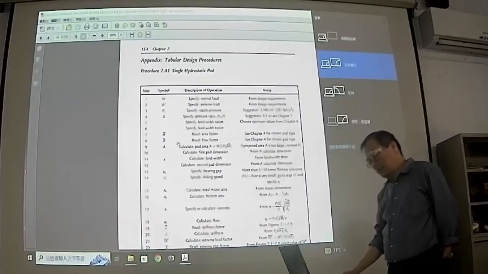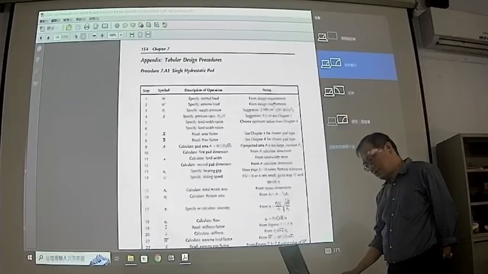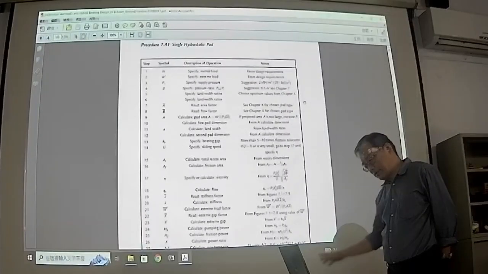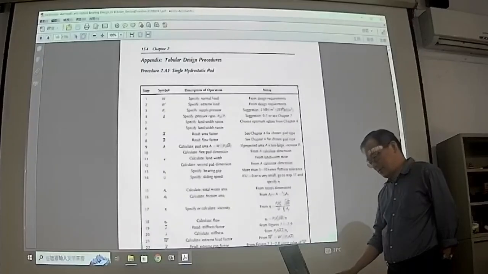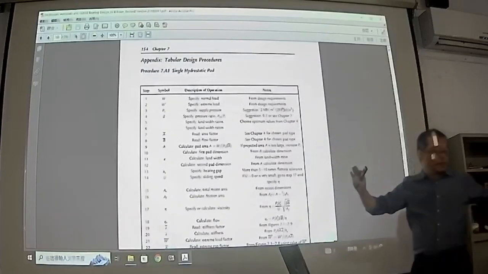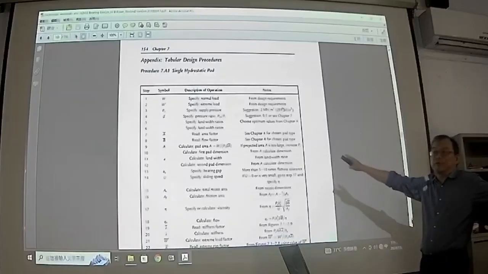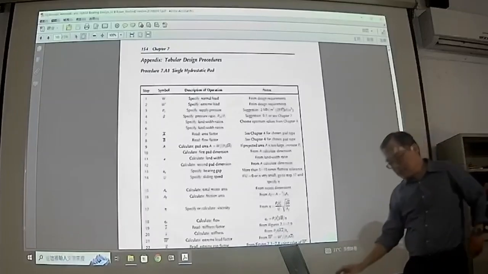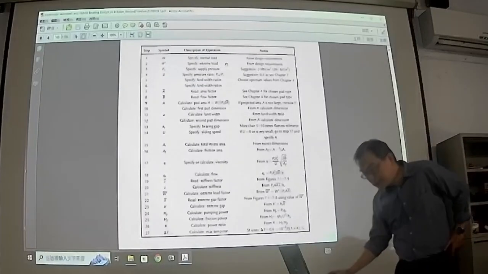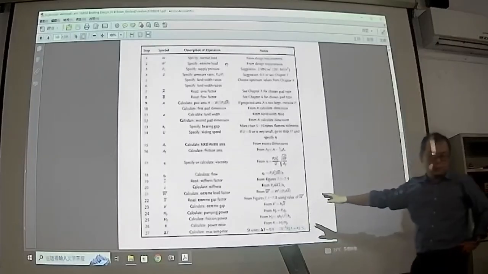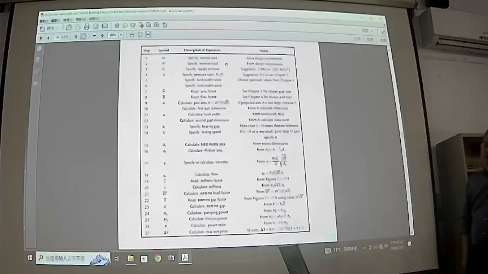The good thing is this version of the textbook gives you some circular design procedure. So if you want to design a circular bearing type, just follow the 27 steps, and you can calculate all the bearing performance for that.